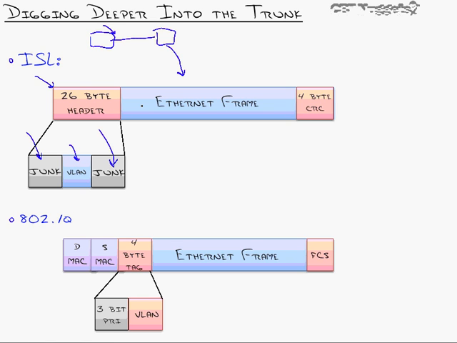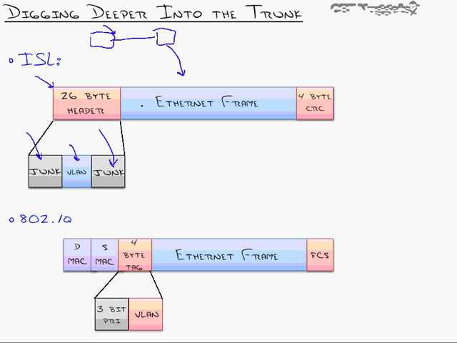When ISL was developed, Cisco had a lot of other intentions for it. They have junk that includes like the source MAC address of the switch, destination MAC address of the other switch. There's some CDP stuff in there. There's some BPDU stuff, you know, the language that switches use to negotiate spanning tree protocol is in there. They just had a lot of intentions for ISL, and they were like, this thing is going to really be able to do a lot.